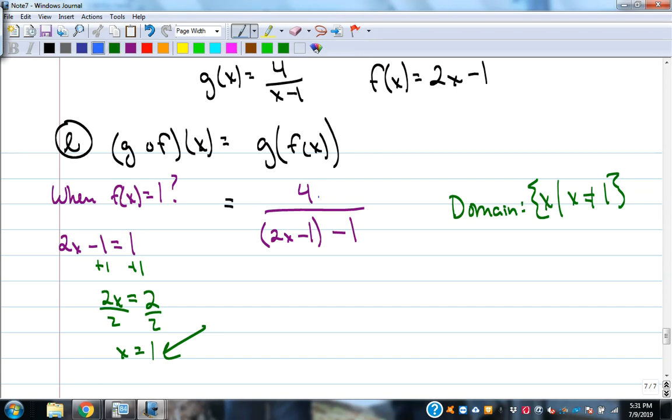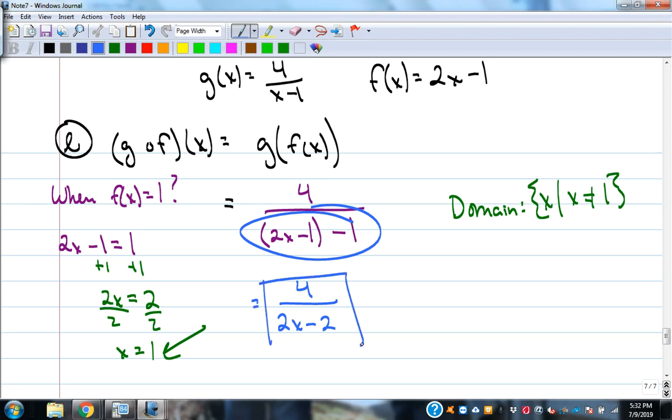I can simplify this, because 2x minus 1 minus 1 would be 2x minus 2, right? And there's my composite function. The reason I say don't simplify before you start thinking about the domain is because sometimes the simplifying might be the hardest part, and they might not even be asking you for the composite function.